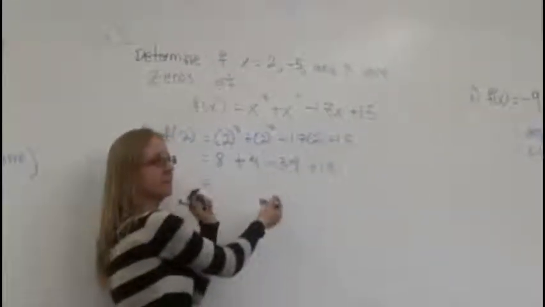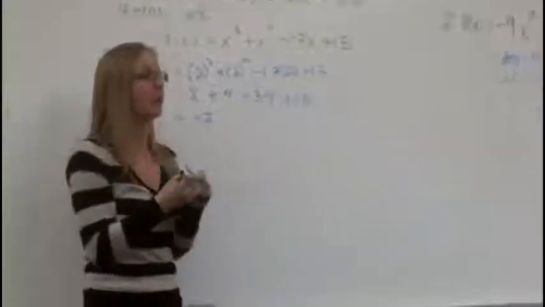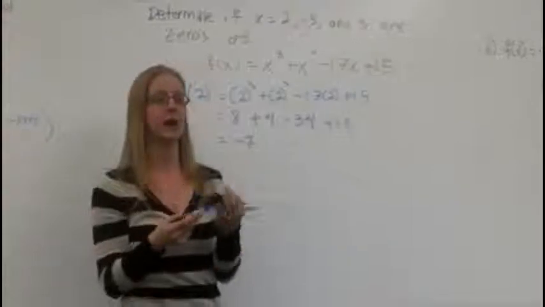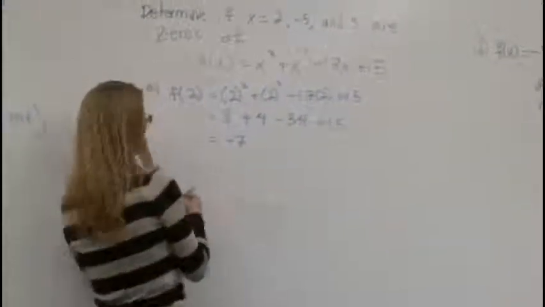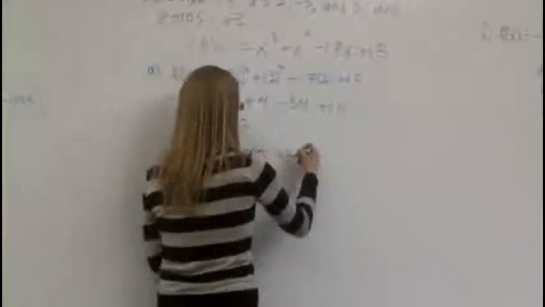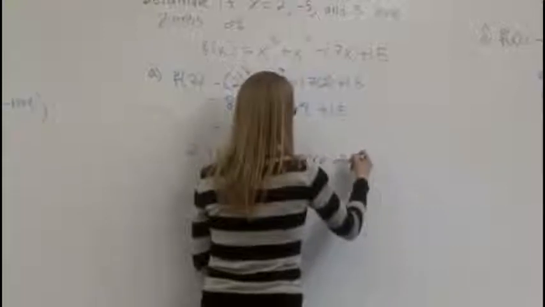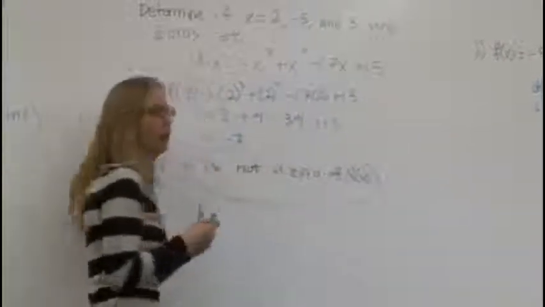I don't know, but it's not 0. It doesn't matter what it is. It only matters if it's 0 or not. It didn't actually matter that it was negative 7. The point is it's not 0. So the answer is 2 is not a 0 of this function. That's the answer to my part A.